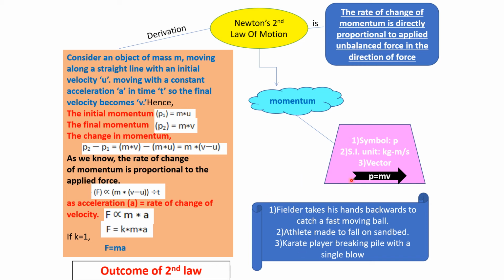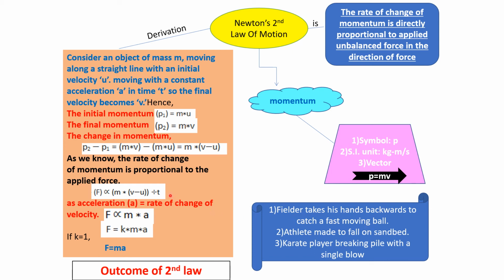Now these are certain applications where Newton's second law is applicable. Let us see them. First application is a fielder takes his hand backwards to catch a fast moving ball. Why does he do so? When he takes his hand backwards, he's increasing the time duration for the velocity to reduce to zero.